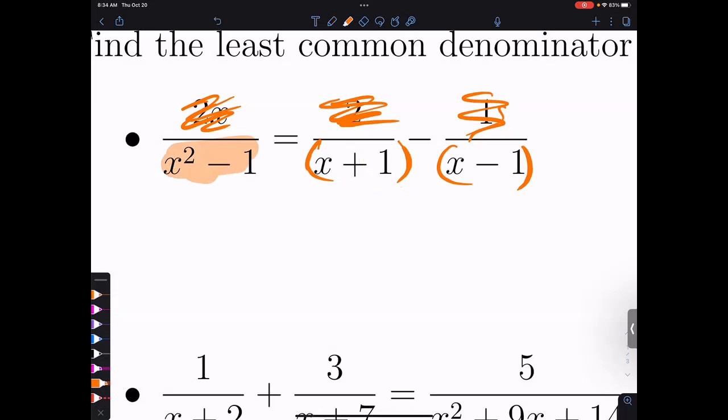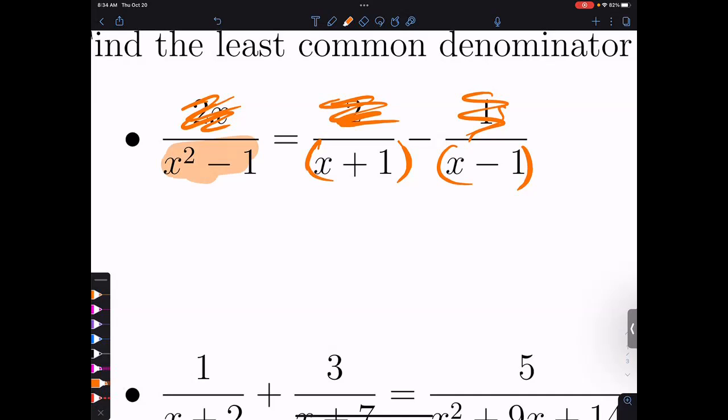What about this though? How else can we write x squared minus 1? Is that factorable? It's the difference of squares, right? So the B term is 0 if you want.